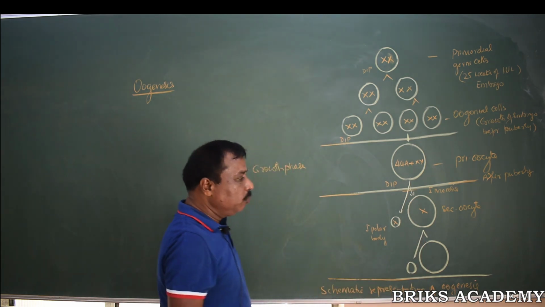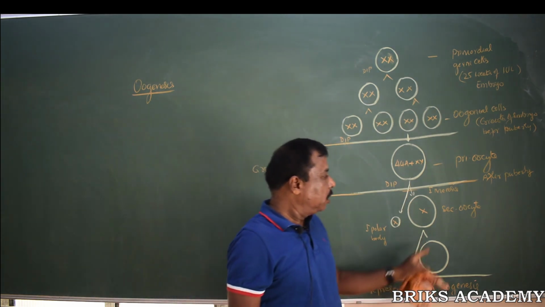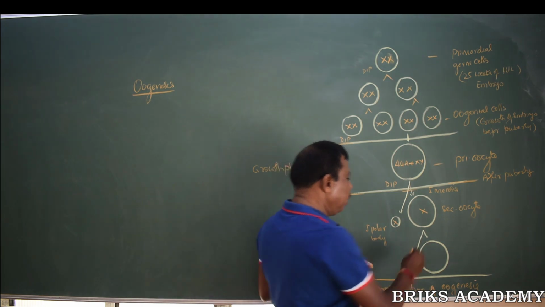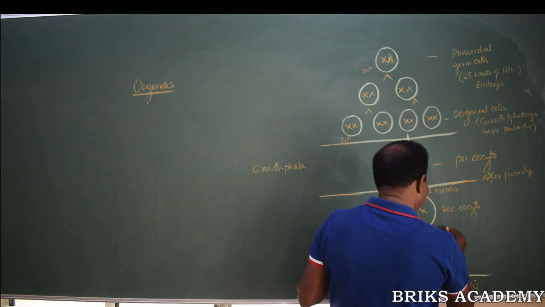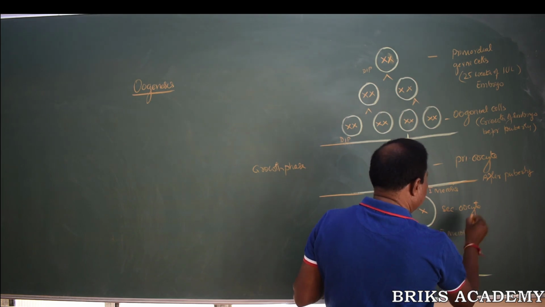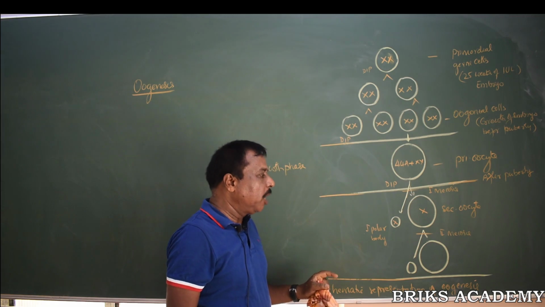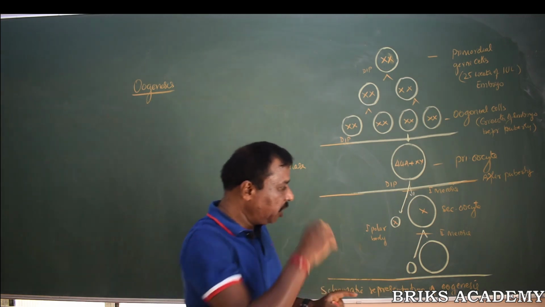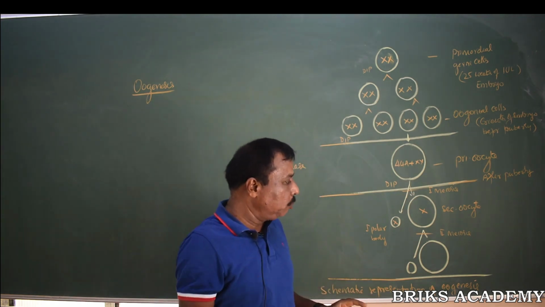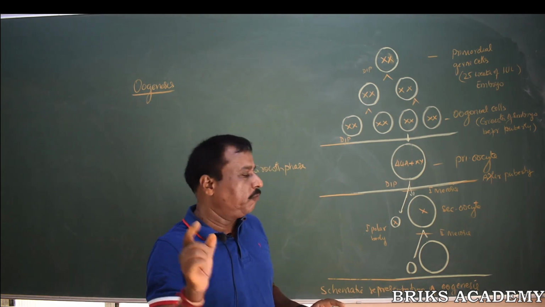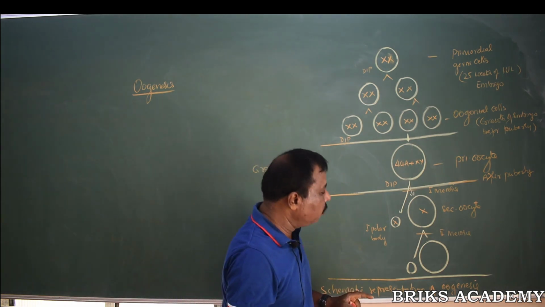This secondary oocyte then undergoes second meiosis. Second meiosis is an equational division, once again dividing unequally, and it is arrested at metaphase 2.